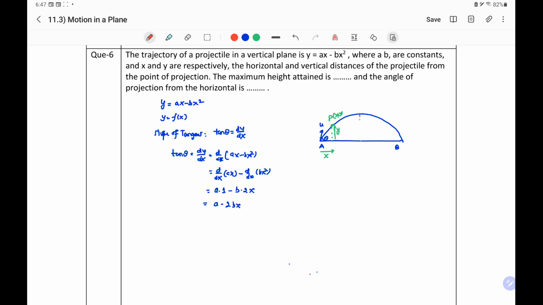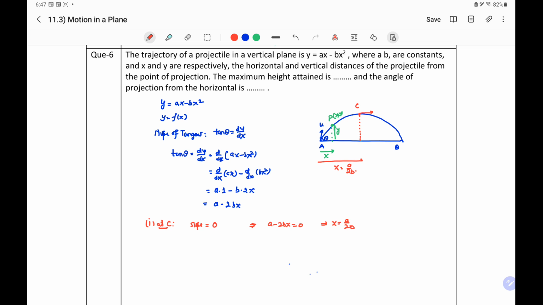At the maximum height of the projectile path, say at point C, the slope of the tangent will be 0. So at C, that is maximum height, slope is equal to 0. This implies that a minus 2bx equal to 0, or x equal to a by 2b. So the distance of the point C along the horizontal is x equal to a by 2b.